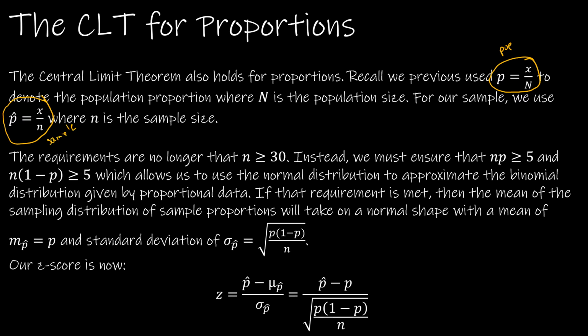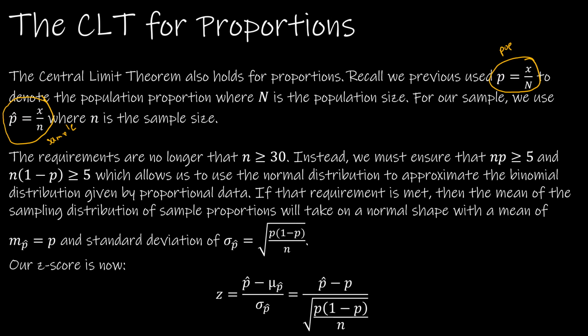Now, when we're looking at the central limit theorem for means, our requirement was that the sample size was 30 or greater, or that the population was normally distributed. In this case, the requirement is different. We can't have a normally distributed population because this is going to be a proportion, so it's a binomial distribution.